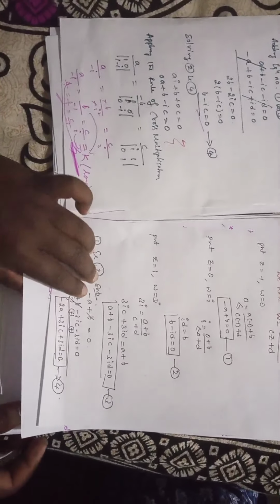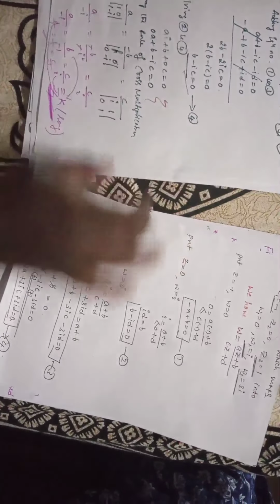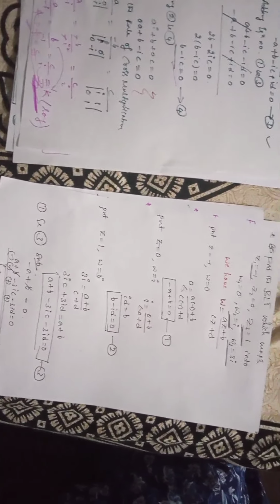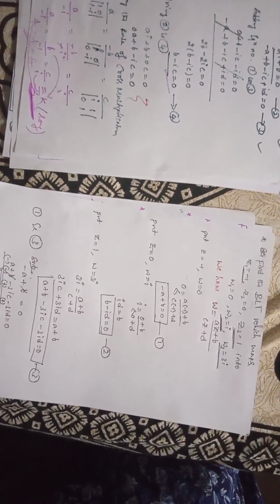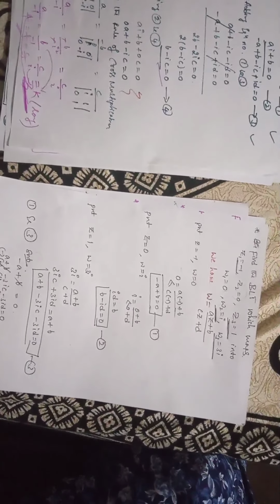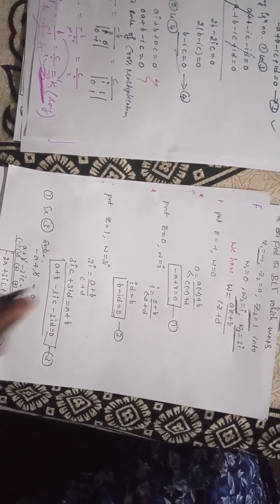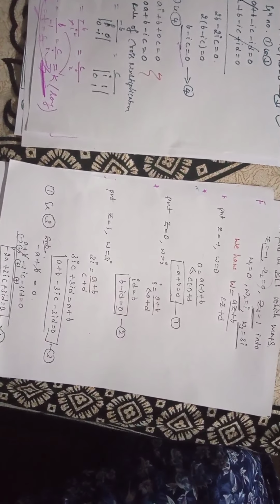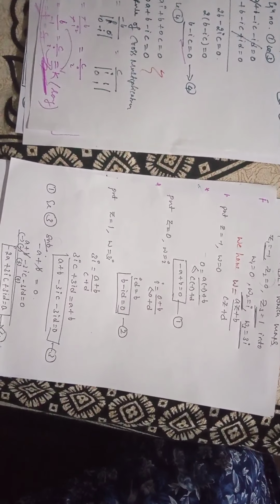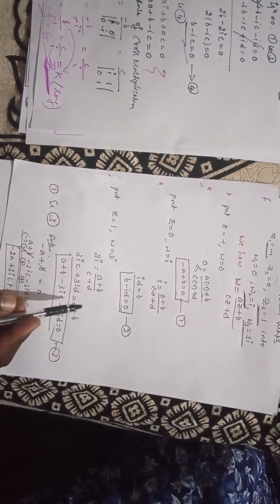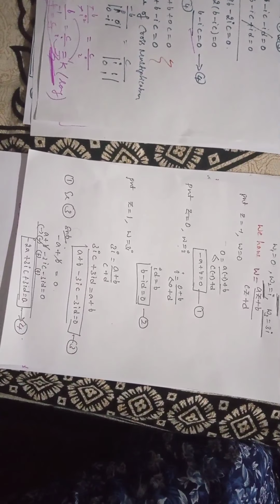Here, first we substitute the values: z equal to minus 1 and w equal to 0 gives you equation number 1. z equal to 0, w equal to i gives equation number 2. z equal to 1, w equal to 3i gives equation number 3.